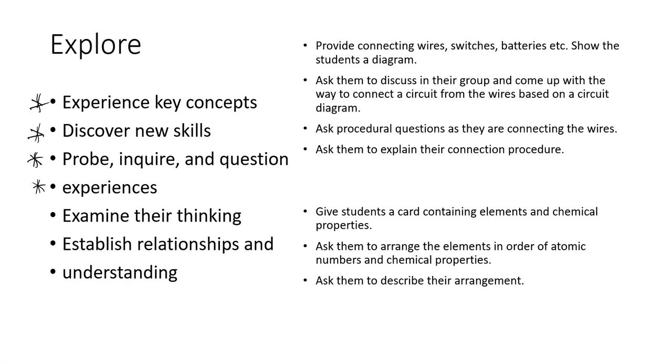So if you are talking about the periodic table, which is down here, I say give students cards containing elements and chemical properties. Ask them to arrange the elements in order of atomic numbers and chemical properties. Ask them to describe the arrangements. So at this point, they are actually doing the activities that you want them to do.